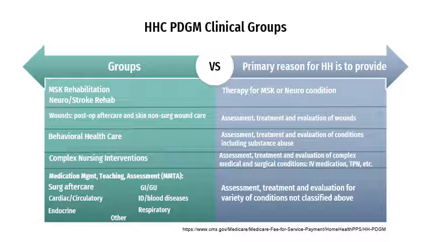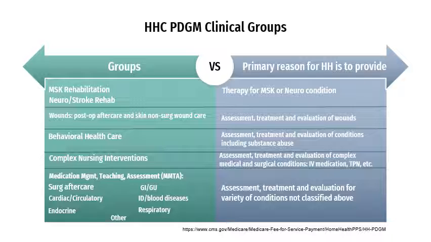So these 12 groupings are broken up into number 1 and 2, musculoskeletal or neurostroke rehabilitation, primary reason being therapy for the condition. Third would be wounds, both postoperative and non-surgical wound care. Primary reason being assessment, treatment, and evaluation of the wound.